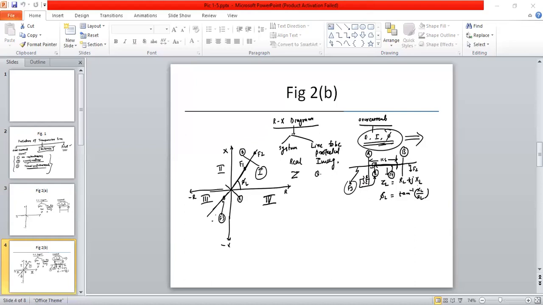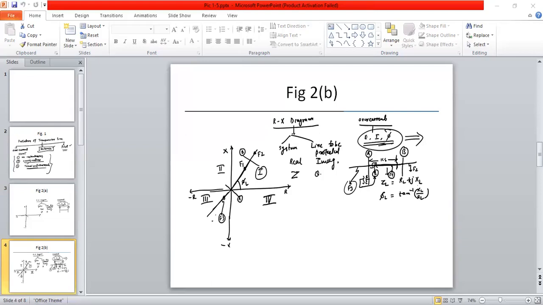So zone 2 will cover the 20% of the first section and 50% of the adjoining section, that is the second. Whereas the first zone, as I told you, covers the 80% of the first line section. So this is all about the second zone of the distance relay.